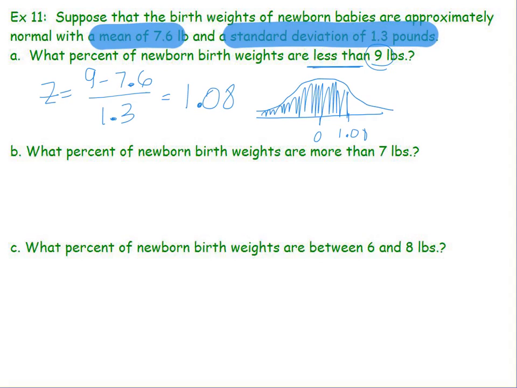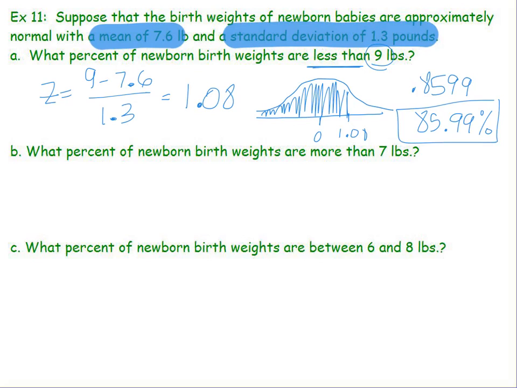On your blue sheet, you're going to go to the positive side because 1.08 is positive. You go down to 1.0, and then you go over to the 8 slot. If you do that, you get 0.8599, and in percentage form, that is 85.99%. So that's your first z-score problem from beginning to end.